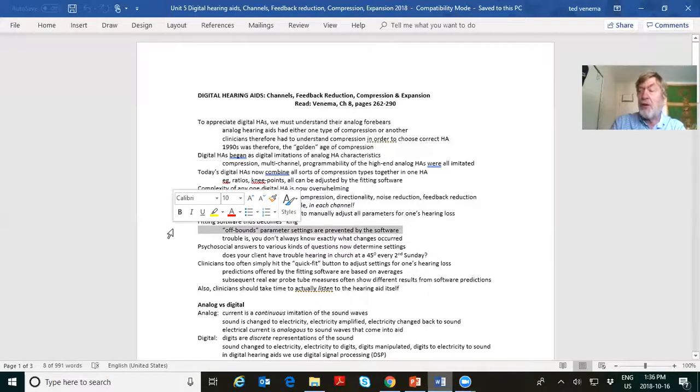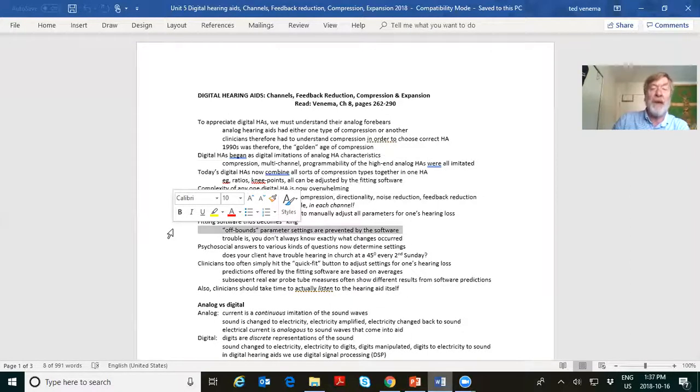You'll recall a couple of weeks ago, when I was talking about adaptive compression and attack and release times under dynamic aspects of compression, I said don't mess with those things in the software. In fact, a lot of the time the software won't even let you. They're off bounds. You'll screw it up.